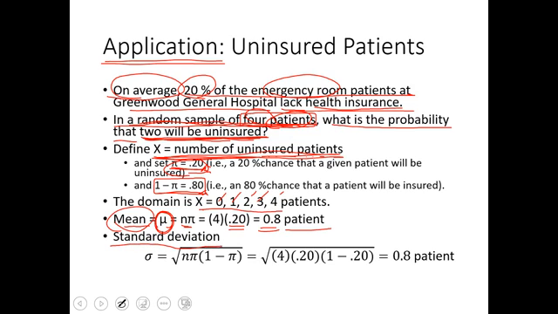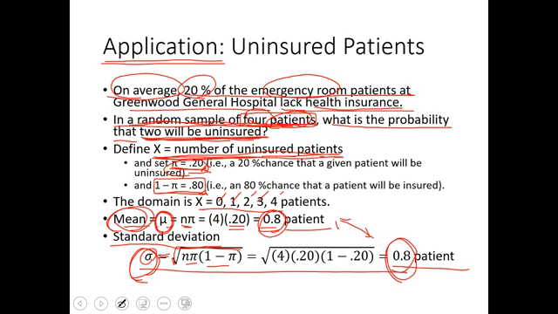The standard deviation sigma is the square root of n pi times 1 minus pi, which is also 0.8 patients. By chance these two numbers are the same, but that is not true in general.